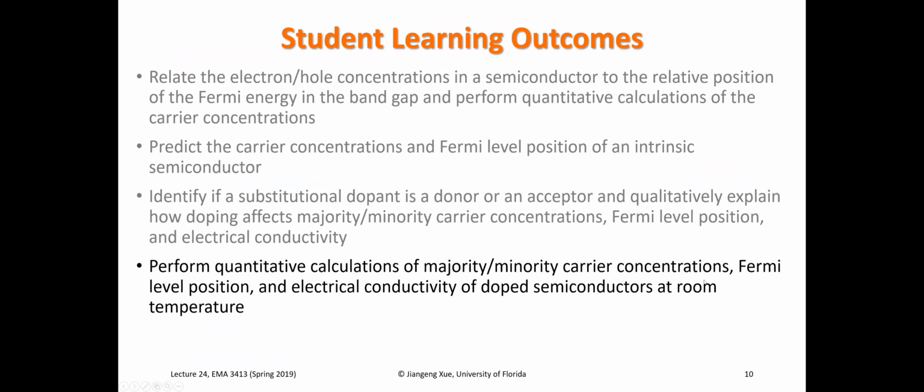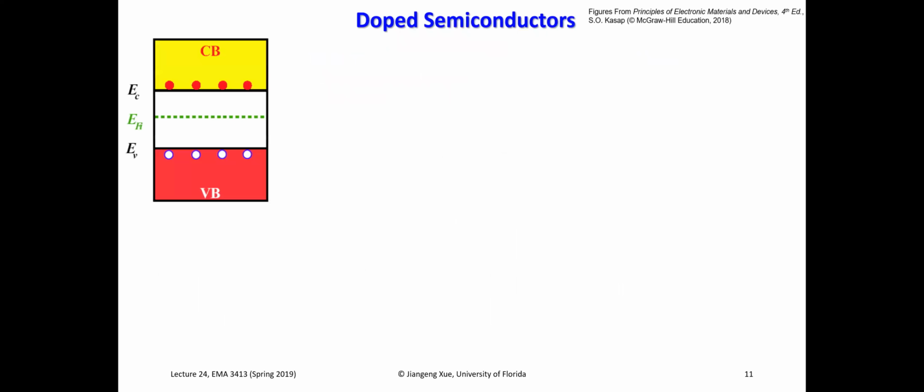So the next student learning outcome is to perform a quantitative calculation of the carrier concentrations, Fermi energy locations, and conductivity for these doped semiconductors at room temperature. So the assumption here is that in an intrinsic semiconductor, we obviously have the electron and hole concentrations being the same, and the Fermi energy location is roughly at the mid-gap location.